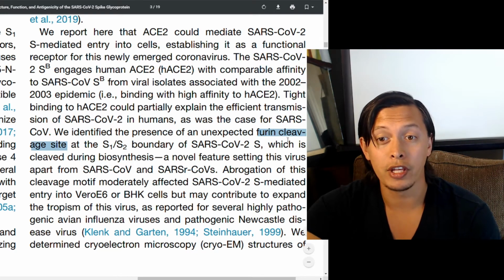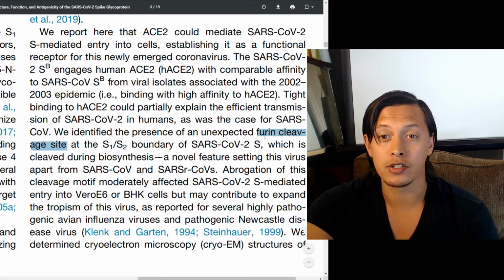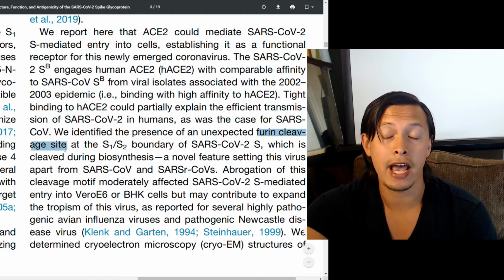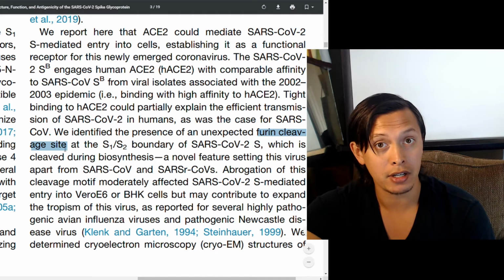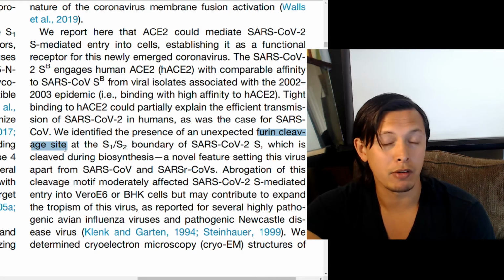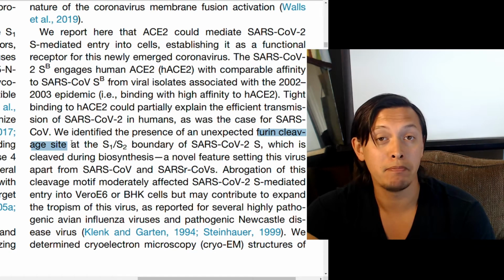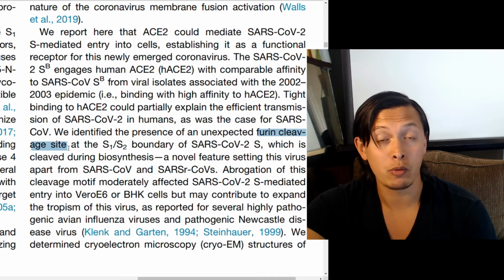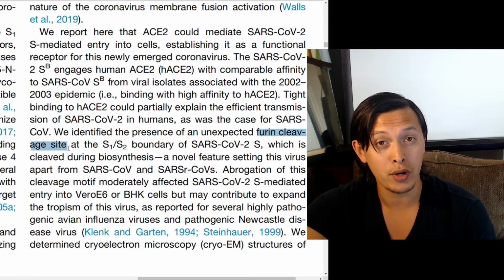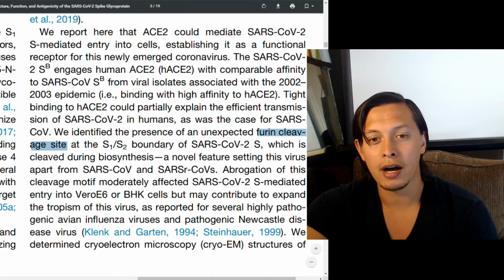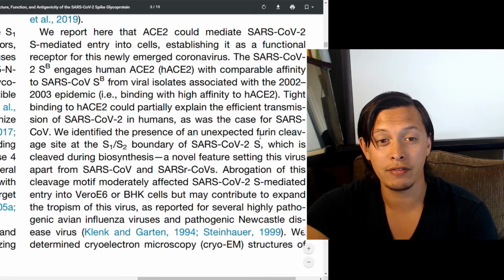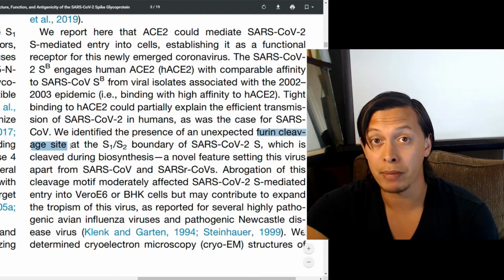So in the original SARS spike protein, it did not have this furin cleavage site. It had what was known as a monobasic or dibasic, I don't remember which one, but it was just a basic cleavage site. And this basic cleavage site is very specific. It requires very specific proteases to attack it. But here in the SARS coronavirus 2, we have a furin cleavage site instead of that monobasic cleavage site.